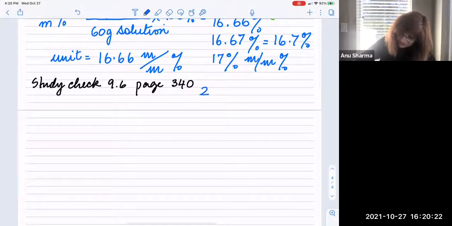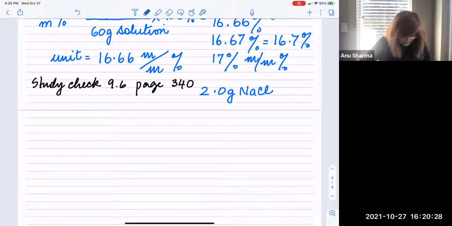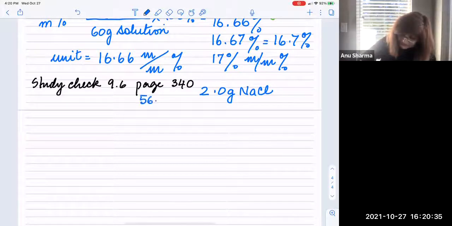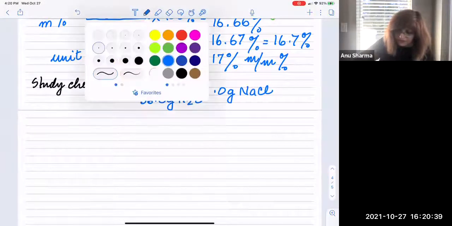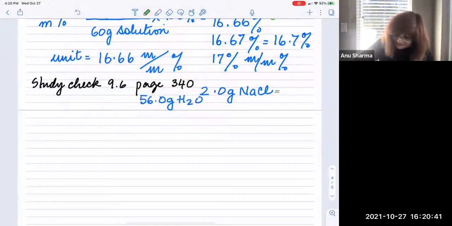So you are given 2.0 grams of NaCl in 56.0 grams of water. So it's very important you recognize that this is the solute and this is the solvent.